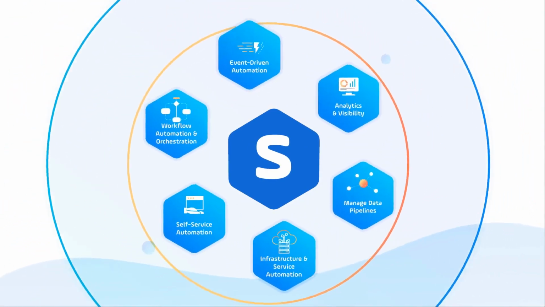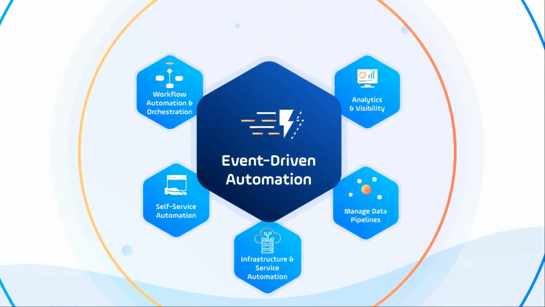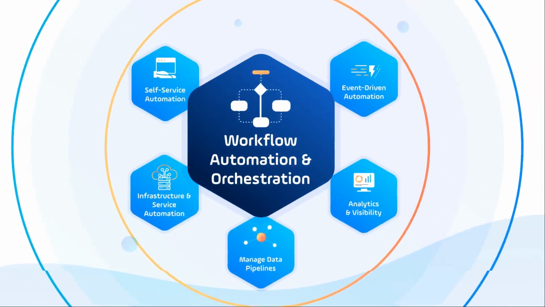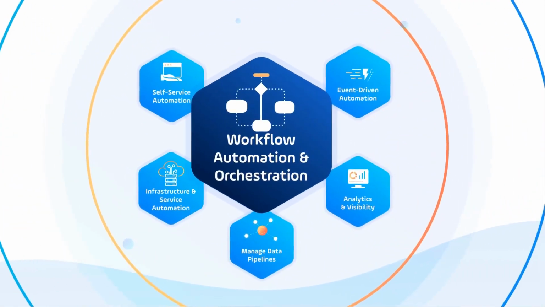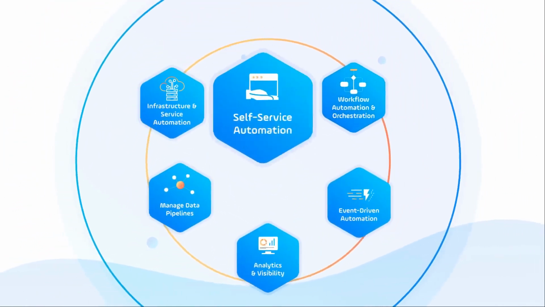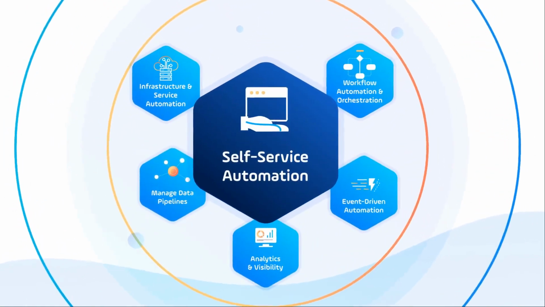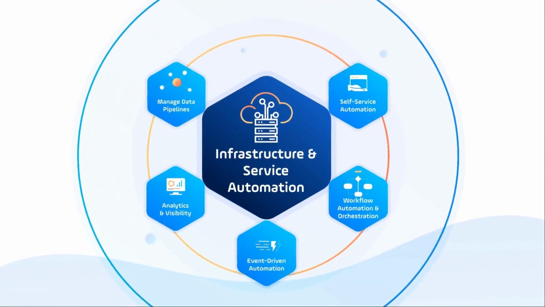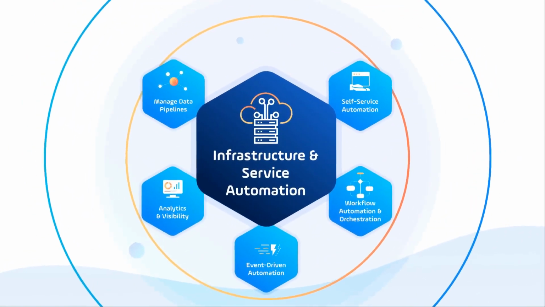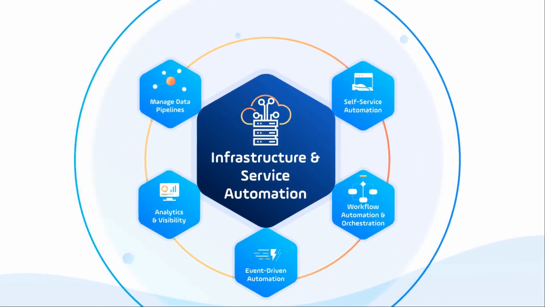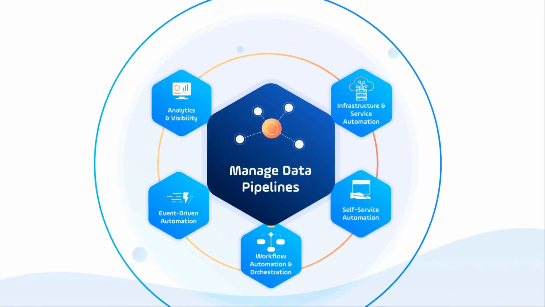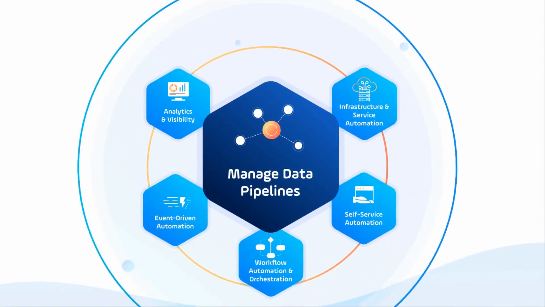Awesome, right? The UAC platform enables you to automate IT processes in real time with event-driven triggers. Design powerful visual workflows that span your hybrid IT environment. Empower citizen automators from any business group with self-service automation. Create, start, stop, decommission, monitor, and alter on-prem and cloud infrastructures. Orchestrate data pipelines between disparate applications and platforms.